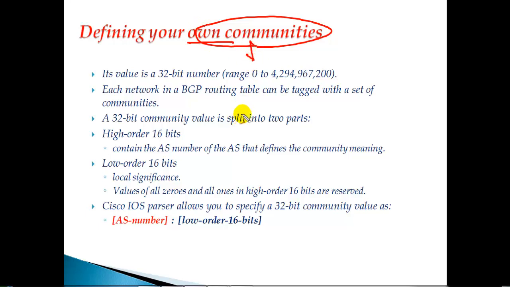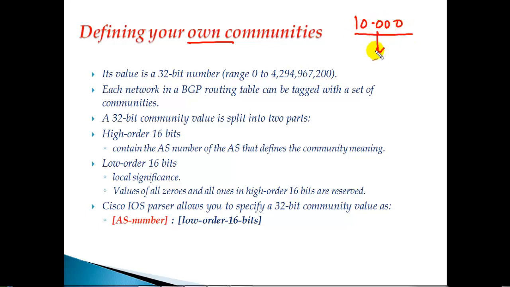When I say own communities, what I'm going to do is match a specific network and define my own value. So I'm going to say community value 200, which means this number doesn't have any predefined behavior. Now it's up to my requirements.